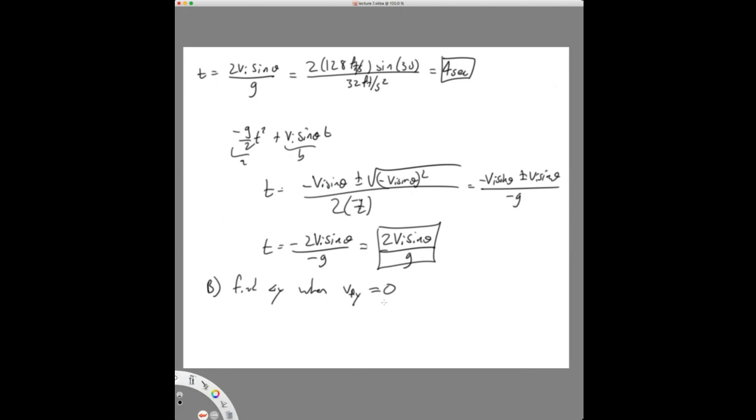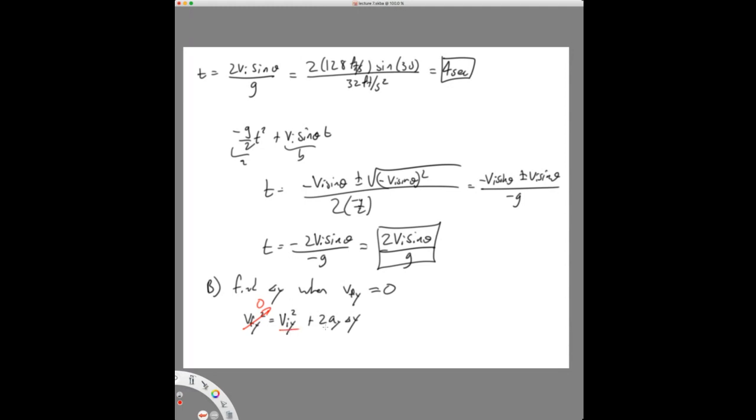So if this is what we are doing, then we can just look at our y equations, and we have v final y squared equals v initial y squared plus 2 a_y delta y, where here we're solving for delta y, and we know that at the top, v_fy is 0.